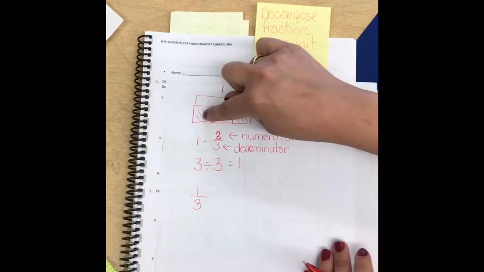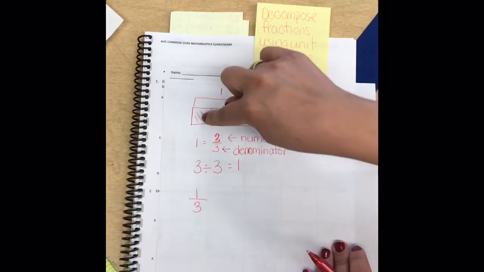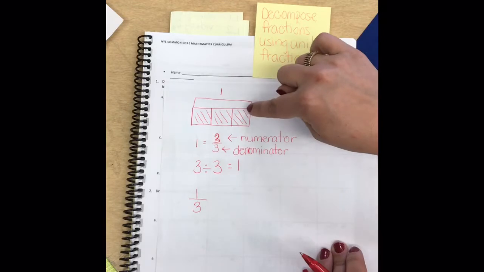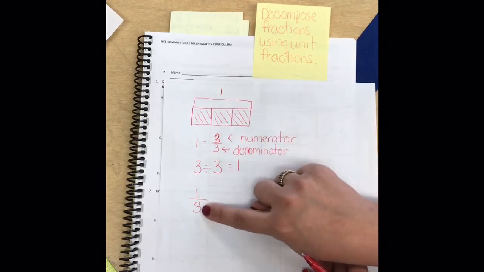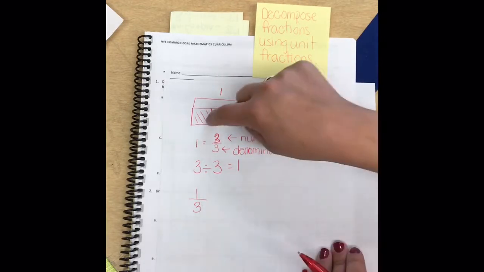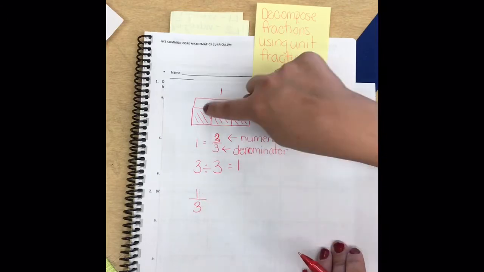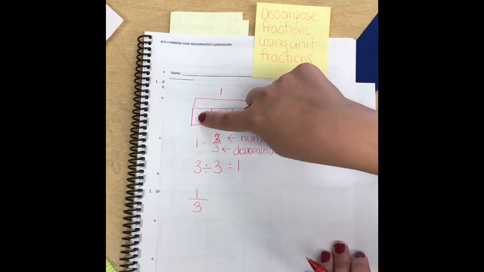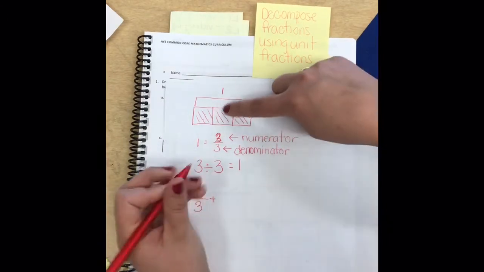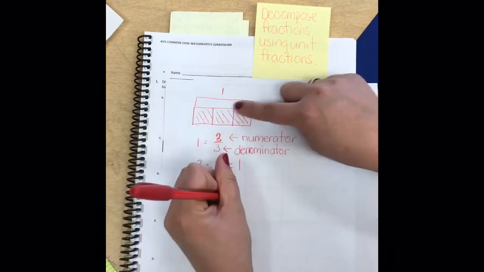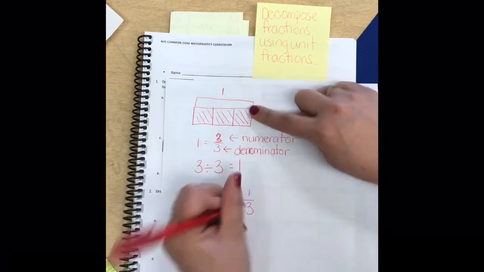For example, we broke these into thirds. So we were talking about 1, 2, 3. Our denominator is the whole that we're talking about, and the numerator is how many. So really, we broke this up into 1/3, 1/3, and 1/3.